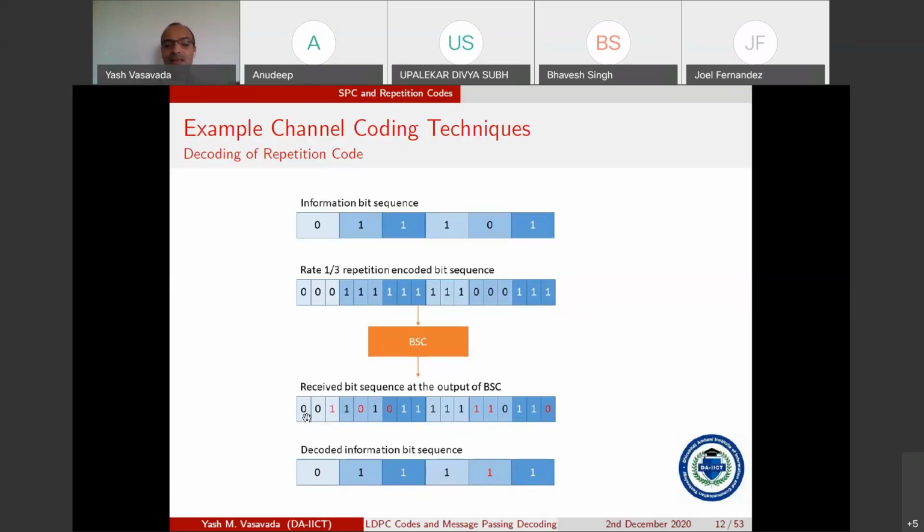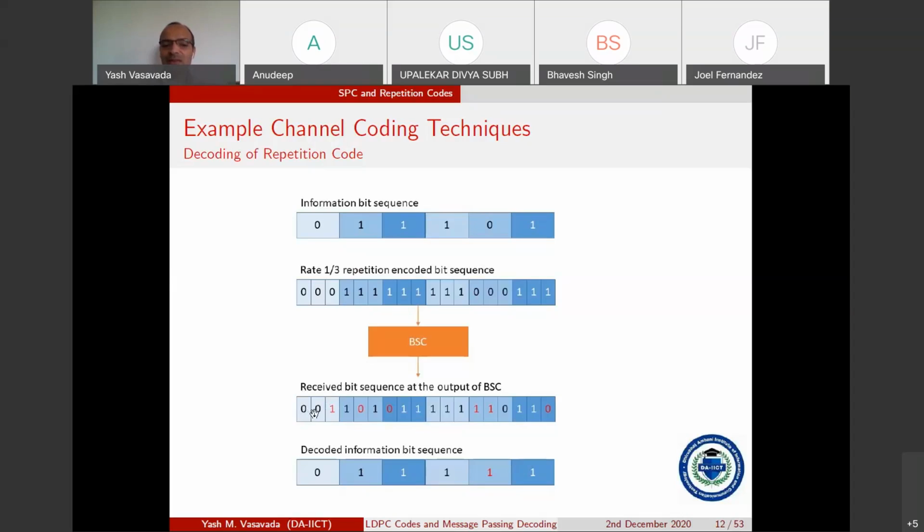The other case is, let us say I know the probability that these first 2 bits are 0 is pretty high. Let's say this 0 has probability 0.98 and this 0 has probability 0.91. Then I don't even have to look at this third bit.